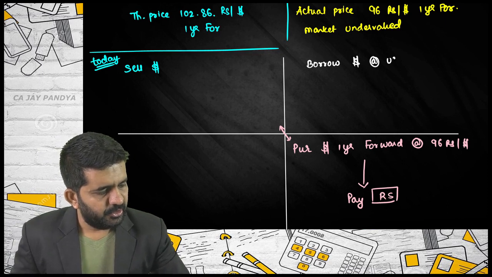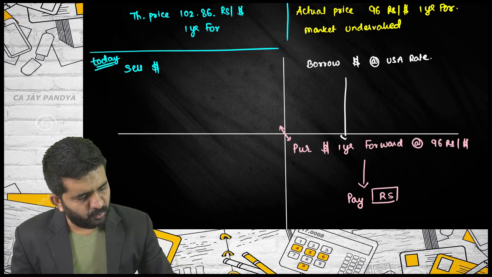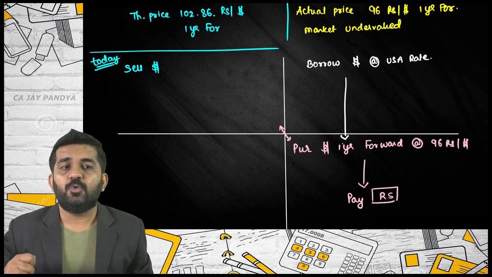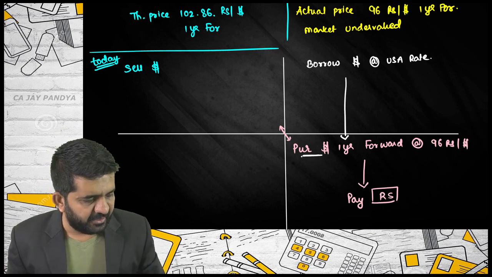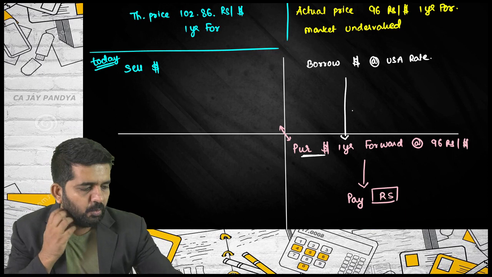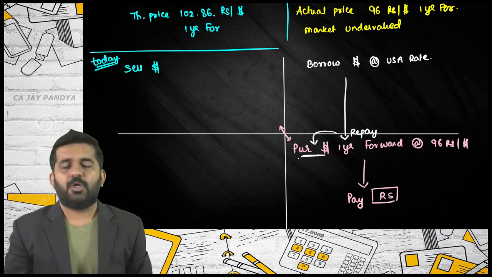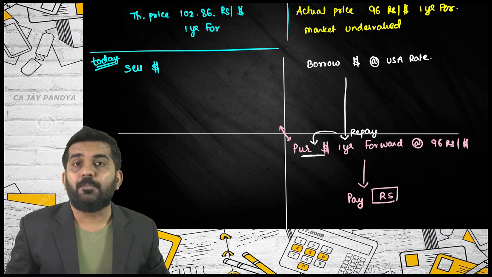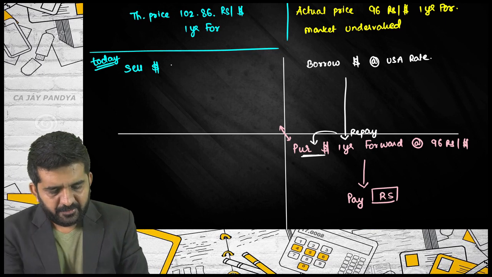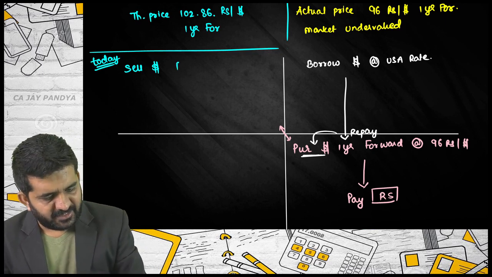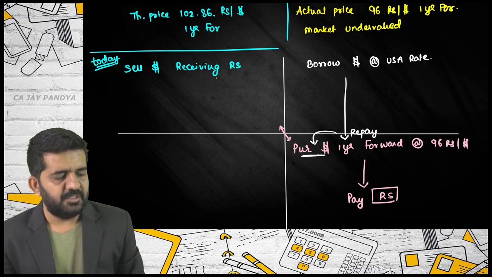at USA rate. You will have to repay after 1 year. If you need to repay after 1 year, you can easily repay because you are purchasing dollar. So this will be settled. Whatever you need to repay, it will be settled because you are purchasing dollar. But you will have to pay in rupees. But here you are selling dollar. So here you will be receiving rupees.